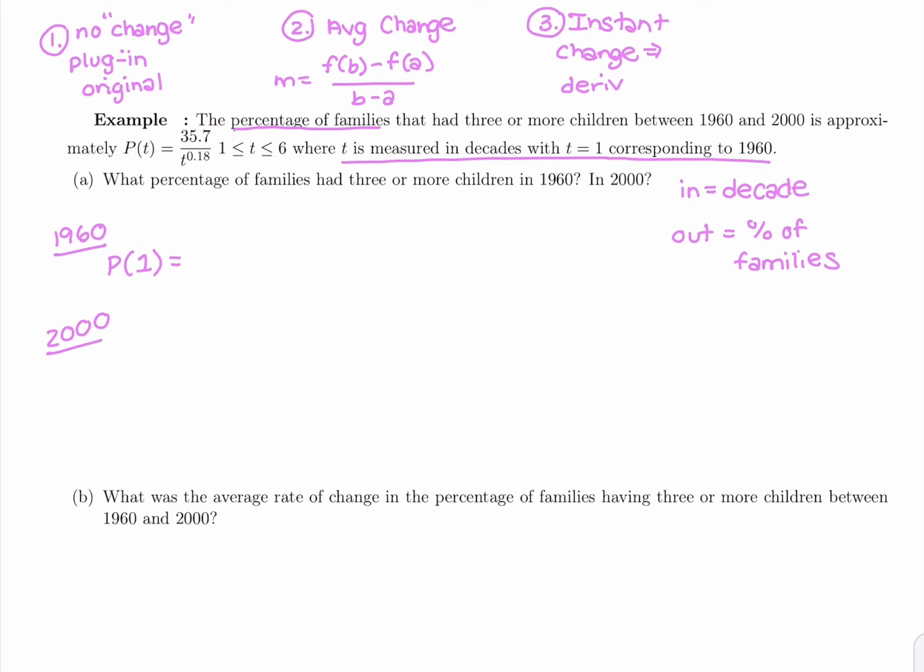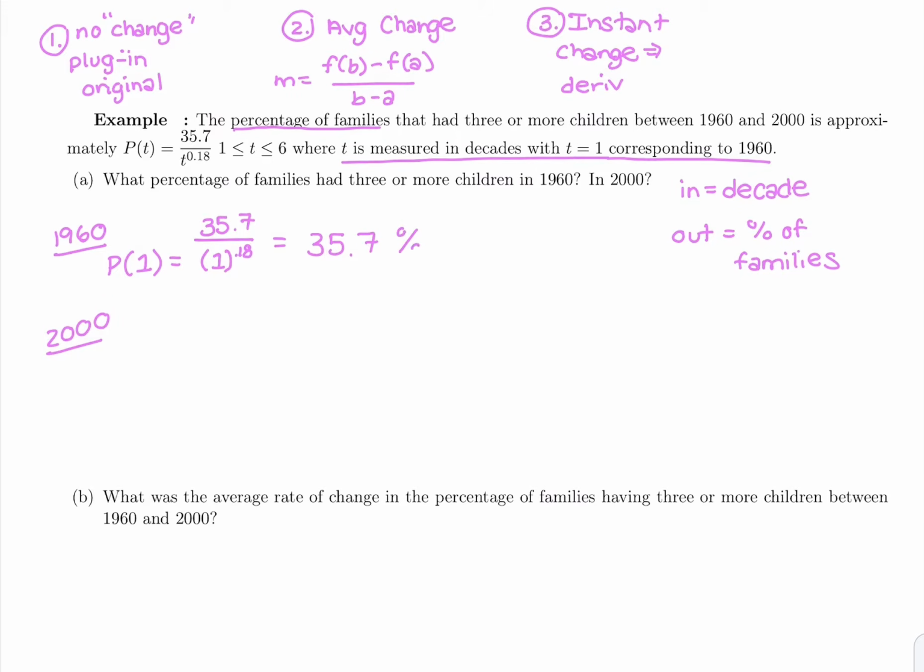And it's nice because they tell us T equals 1 corresponds to 1960. So we're going to plug in P of 1, which will be that 35.7, and we're going to replace T with a 1 in parentheses to the 0.18. This is kind of nice because 1 to any power is always 1, so 35.7 divided by 1 is just going to say 35.7. It's not a rate of change, so it doesn't need 2 units.